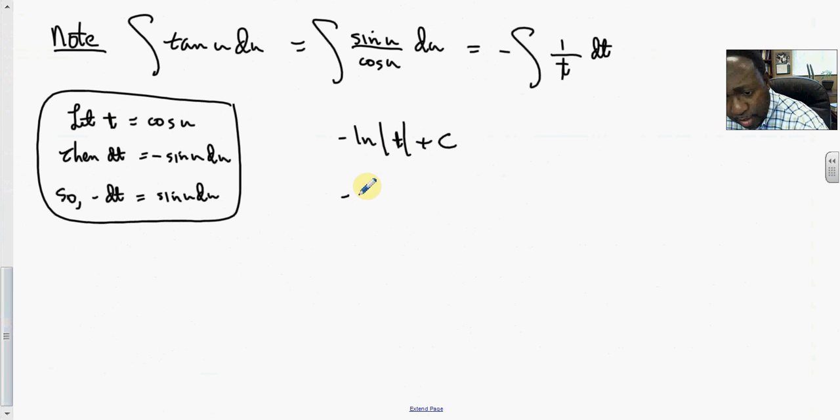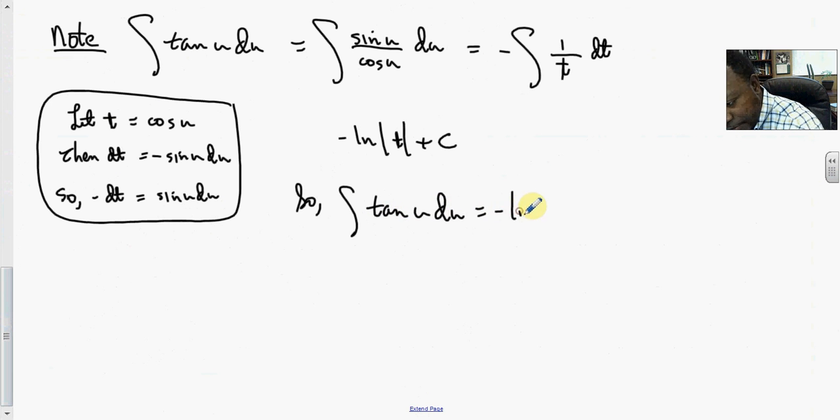So just take it from the top. The integral of tan u du is negative the natural log of the absolute value of cosine u plus c.